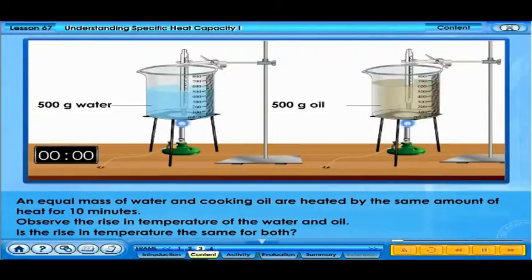An equal mass of water and cooking oil are heated by the same amount of heat for 10 minutes. Observe the rise in temperature of the water and oil. Is the rise in temperature the same for both?